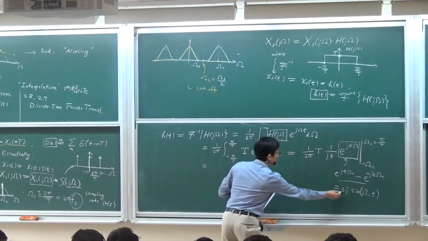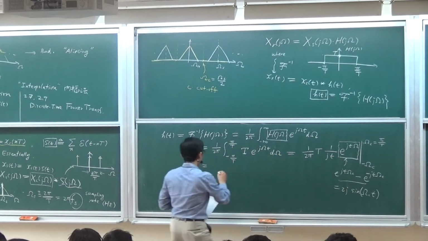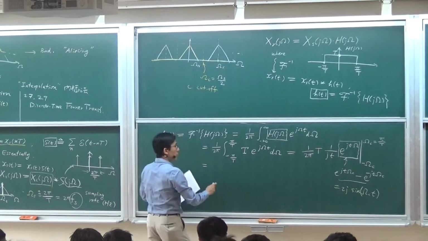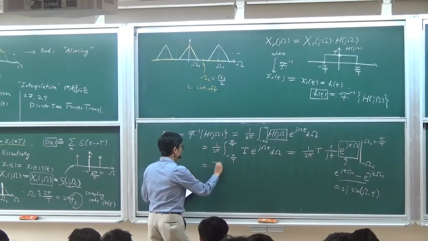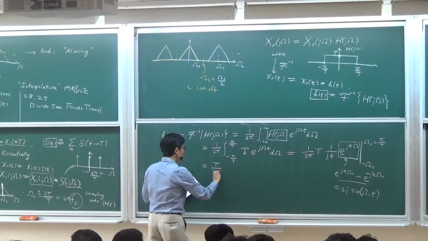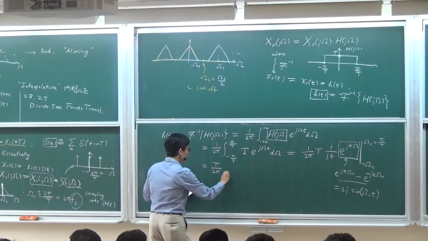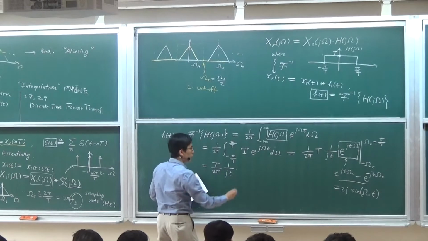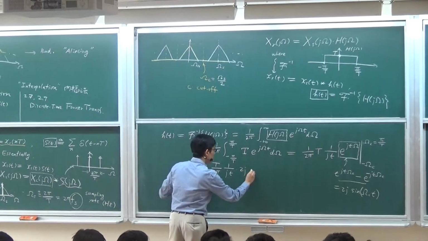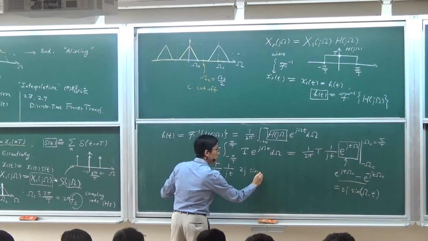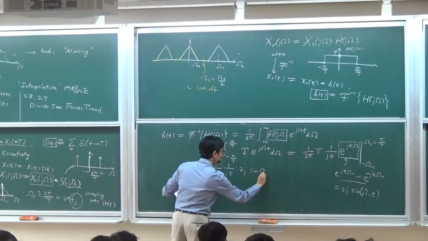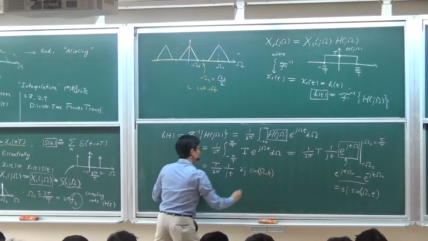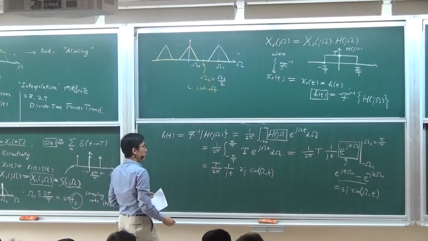Okay, so we plug that in here and do a bit of bookkeeping. We have T divided by 2 pi, then 1 over jt, and on top we have 2j times sine of the cutoff frequency times time. We're almost there.